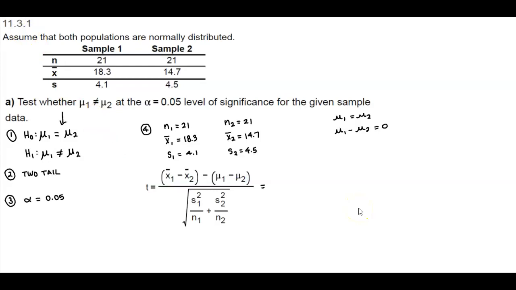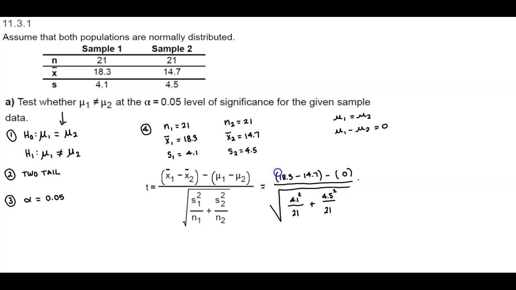We have sample mean 1, which is 18.3, minus sample mean 2, which is 14.7, minus mu1 minus mu2, which we know is 0, divided by the square root of standard deviation 1, 4.1 squared over 21, plus standard deviation 2, which is 4.5 squared over 21.